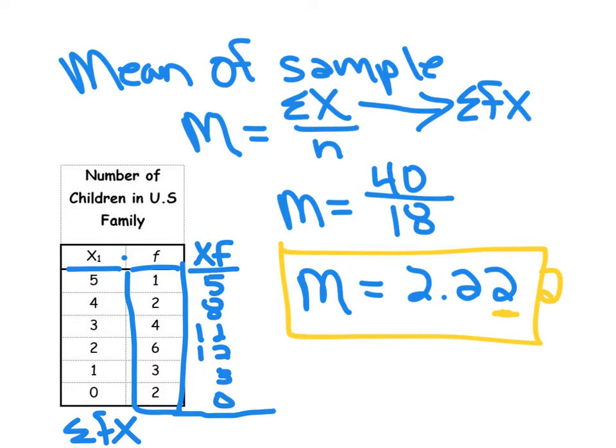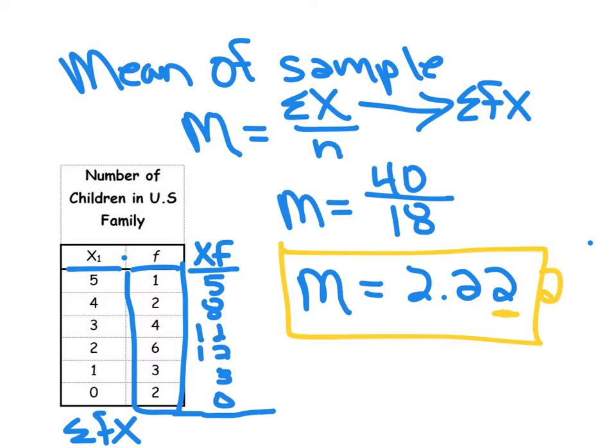Okay, so the next thing we're going to do is find the median. Now, our mean is 2.22, correct? I'm trying to get us back to the original data. We can see the original data.